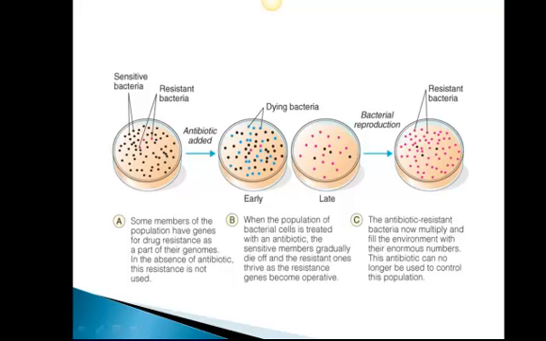So when thinking about natural selection and the evolution of antibiotic resistant bacteria, what you can see is that if you have a dish of bacteria that are growing and you add antibiotic, you'll see that the antibiotic will start killing most of the bacteria.